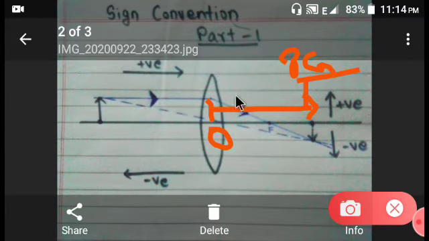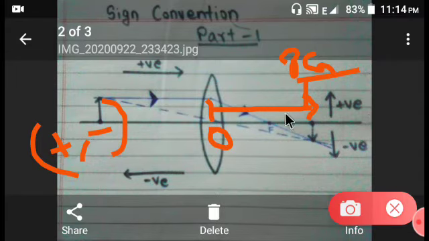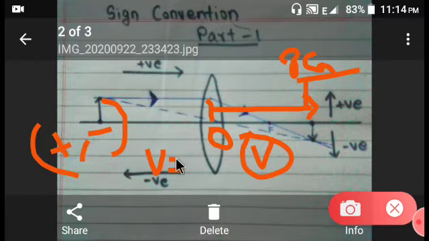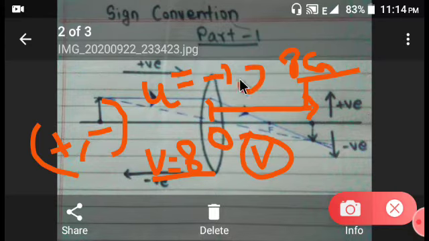For this you need to decide the sign convention, which means positive or negative. The direction of v which you are calculating is from left to right, and the incident ray's direction is also from left to right, so we take v as positive. So we can simply write v = 8 centimeter, and earlier we wrote u = -10 centimeter.